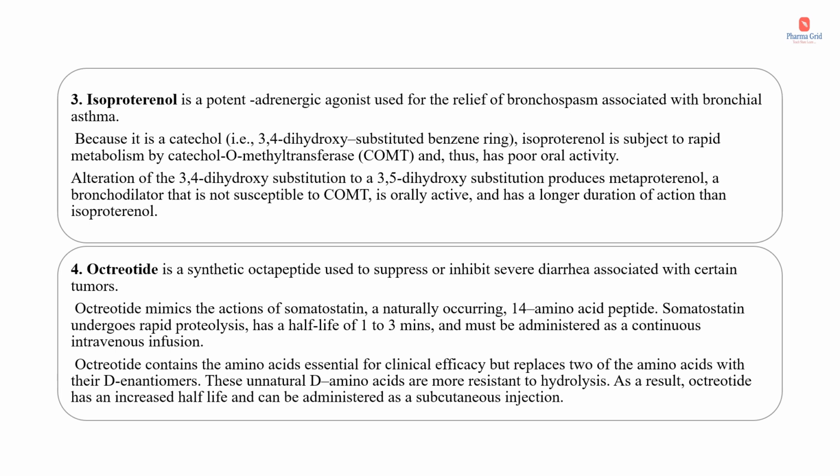Octreotide contains the amino acids essential for clinical efficacy, but replaces 2 of the amino acids with their dextro enantiomers. These unnatural dextro amino acids are more resistant to hydrolysis. As a result, octreotide has an increased half-life and can be administered as a subcutaneous injection.